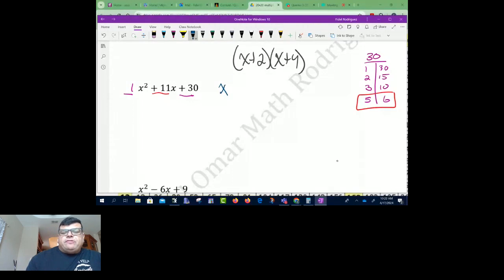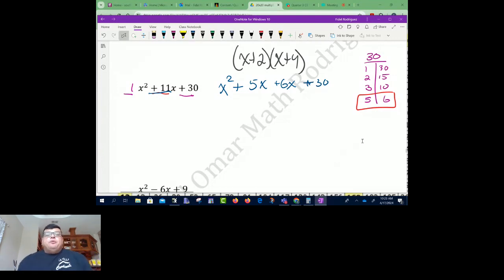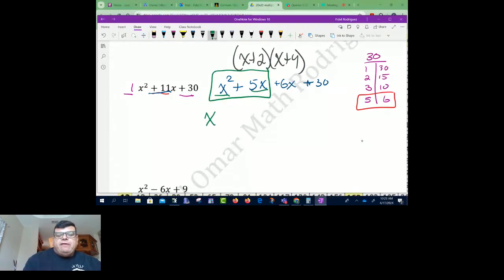So let's try this. Let's rewrite this, x squared. Instead of us writing an 11x, y'all, let's write a 5x and a plus 6x, and then we still had that plus 30 at the end, okay? But again, the reason why we're doing this, y'all, is so that we can get our 4 terms. So look, if I look at these two, what do they both have? Hey, they both got an x, and we're left with an x plus 5.